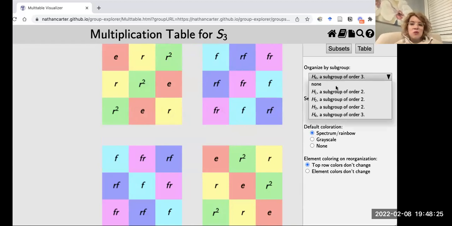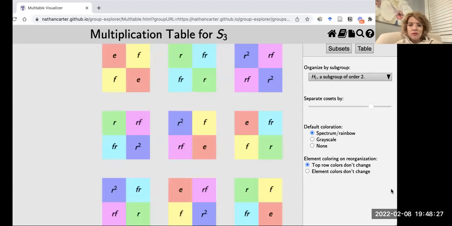So if I go back to H1, then I have yellow, green, blue, and reds together. And then purples. Okay, I know what's going on. So this is a good example that sometimes we have cosets that don't work well together.